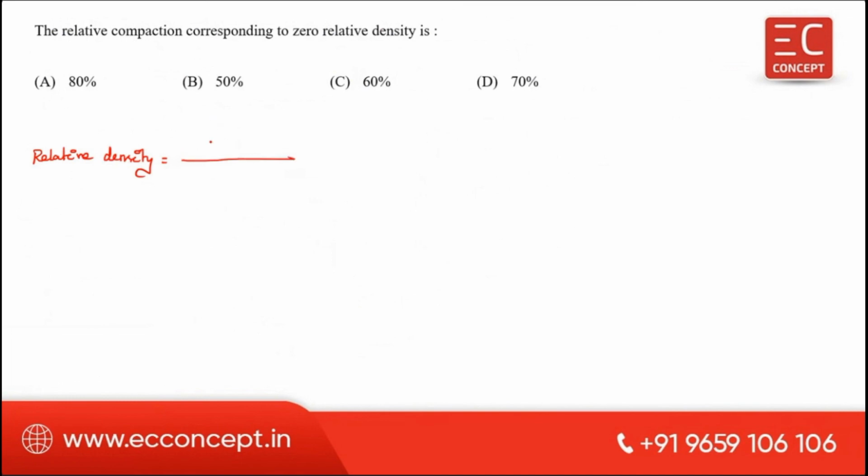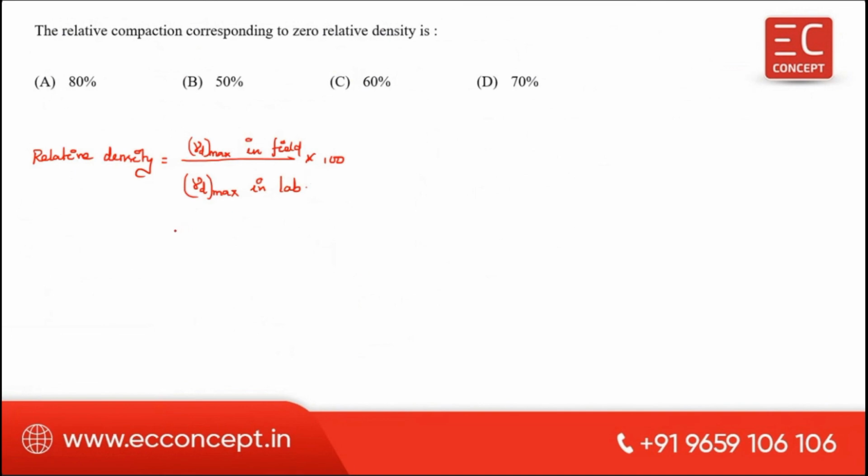That is dry density in field into 100 divided by dry density maximum in lab.